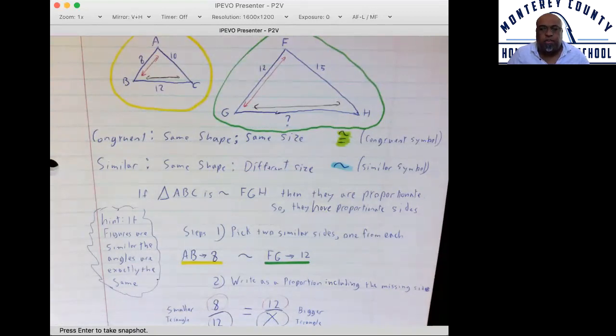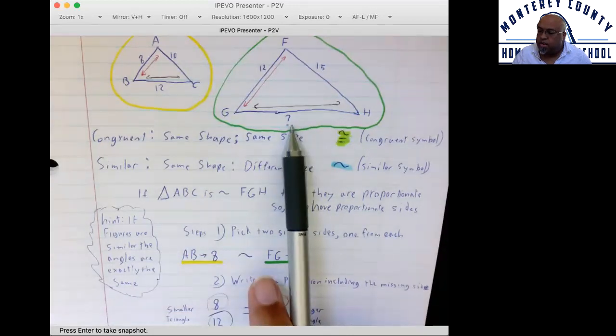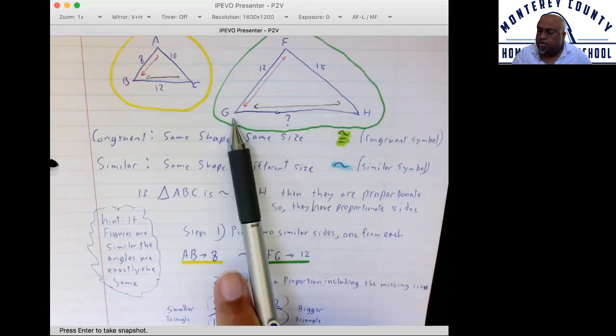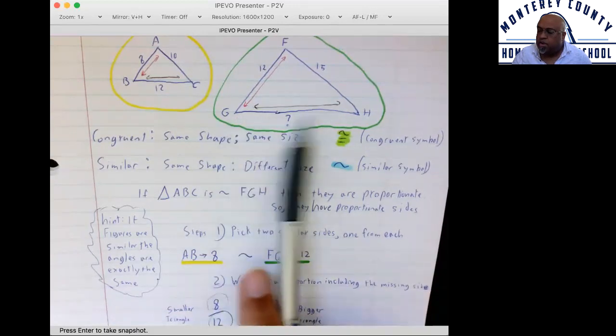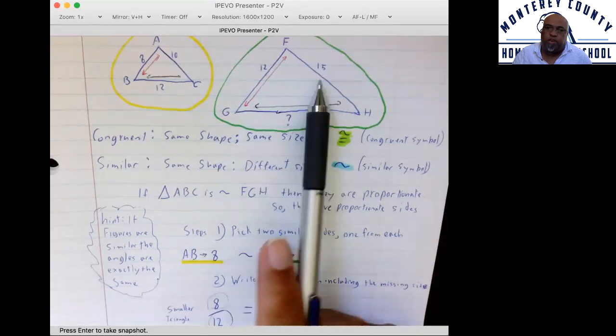Now I want to show you the steps of using proportions to solve. You might have noticed that I didn't give you the long side of this triangle FGH. The side known as GH, the side value, is missing. The other ones are there: 12 units, 15 units.